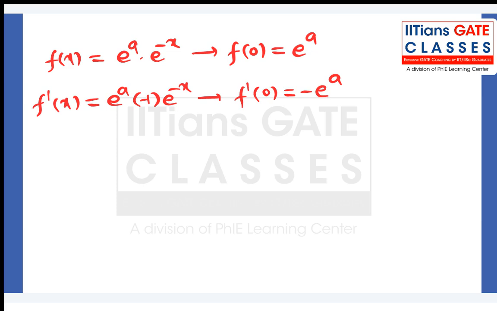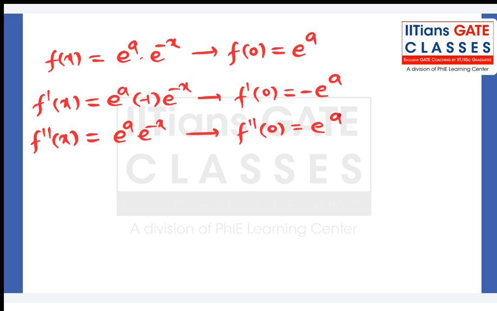Okay, and e power minus x is a function whose derivatives repeat in a cycle. So what I'm trying to say is, f double dash x will be the same as f x. That will be e power a into minus 1 into minus 1 e power minus x. So this is oscillating from e power a to minus e power a, and so on and so forth.